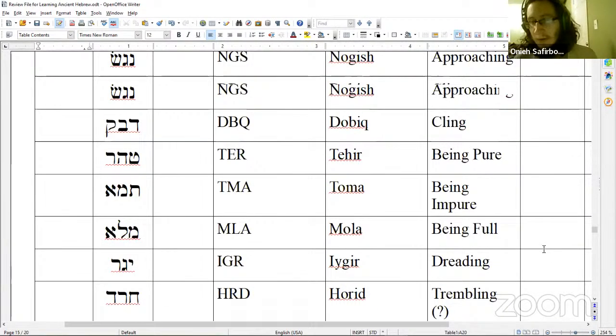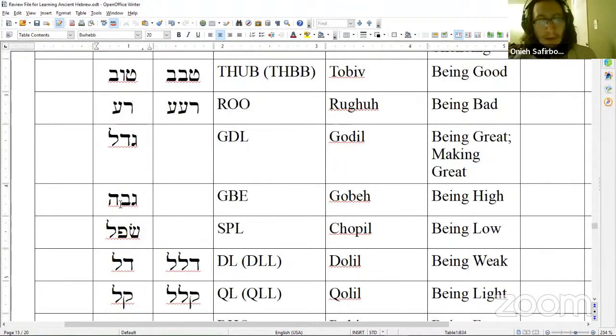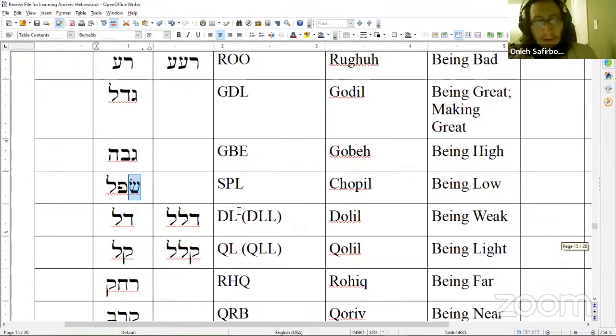Now, so then we've got Gaba. No, I'm sorry, this is from last week still. Gaba being high. Chapil being low. Dal, or Dil, originally Dalil, being weak.